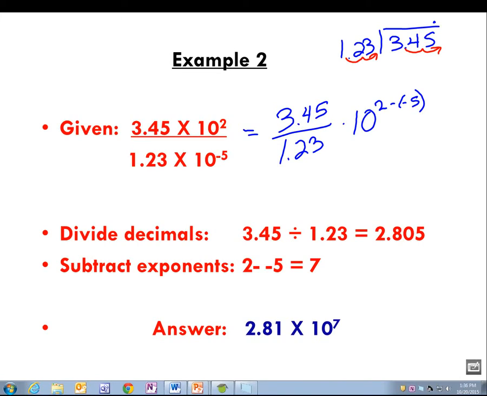123, that's going to be twice. 46. I just did that backwards.